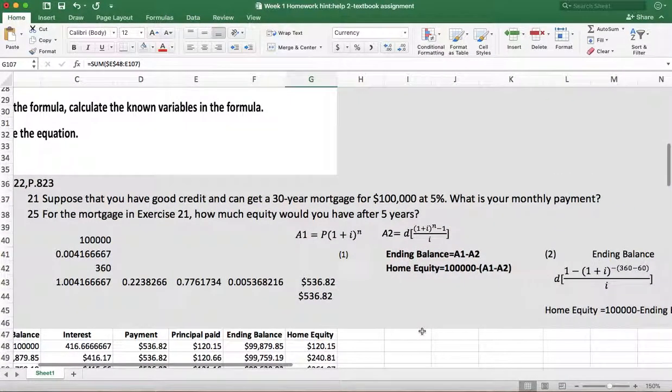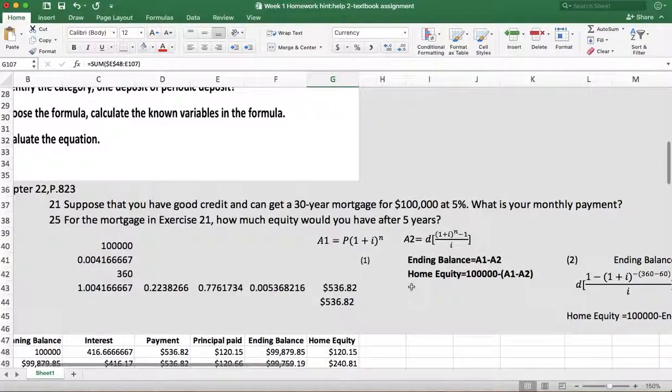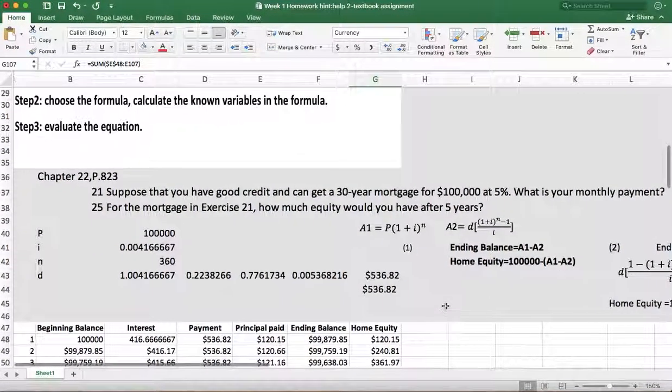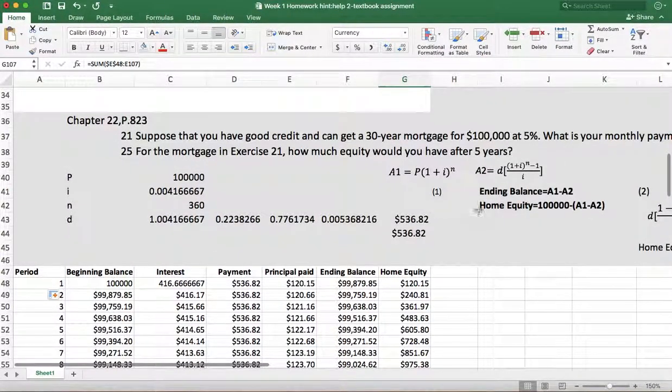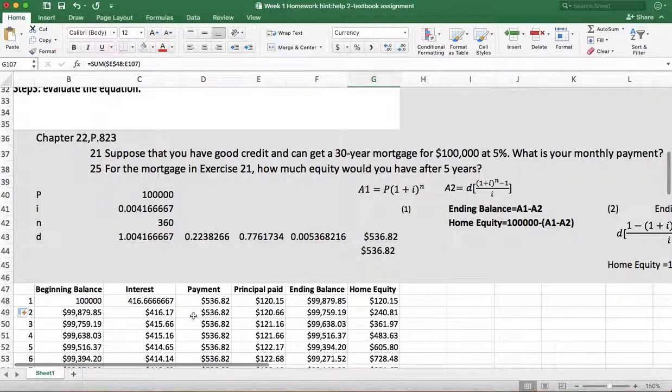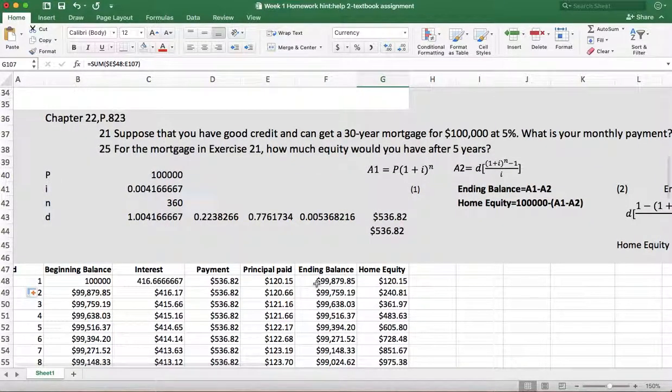Another way to calculate the home equity is to use a formula. You need to think hard. There are two maths. Let me explain the first one. Actually, you borrow $10,000.